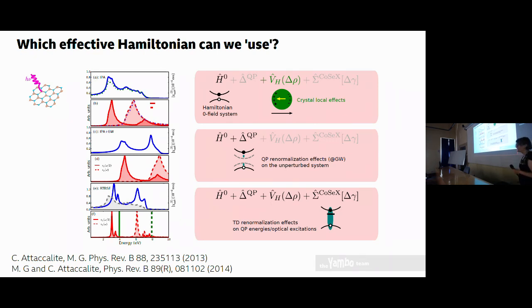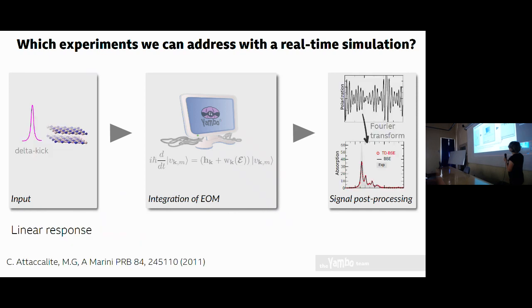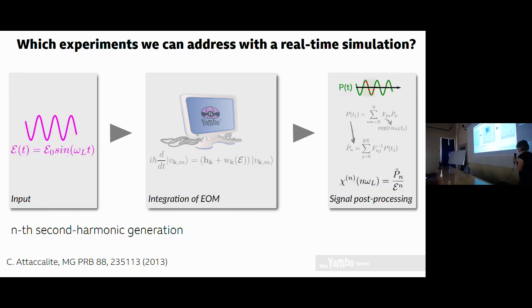Yeah, thank you. One more quick question. You mentioned the delta field for the calculation purpose. Is it specific, or can we use a sinusoidal or Gaussian field for perturbing the system? Well, it depends on the experiment you want to carry out.